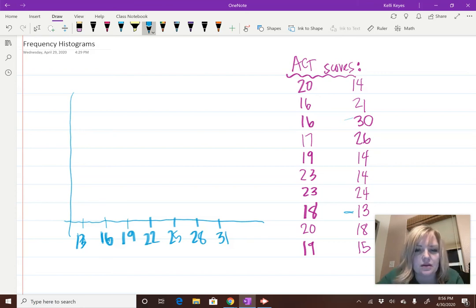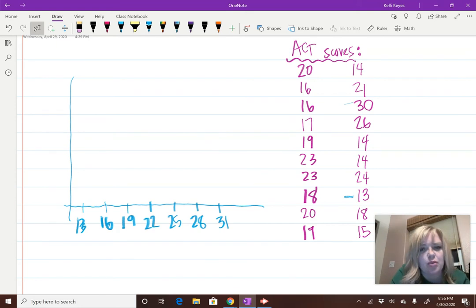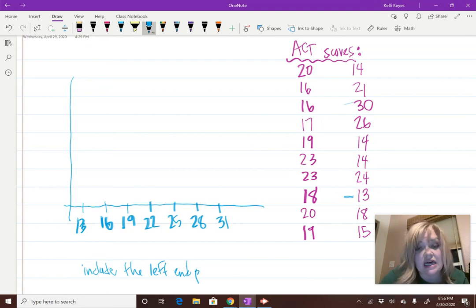An important thing to know about the histogram, which you'll learn more about if you take my stats class next year, is that you need to know which endpoint you're including. Since I started with the 13, I'm going to include the left endpoint, which is the left side of the interval.